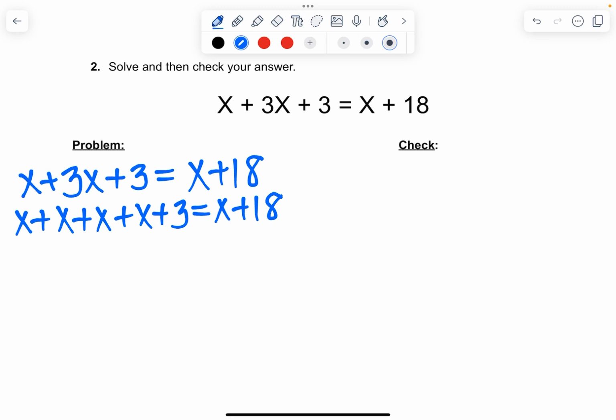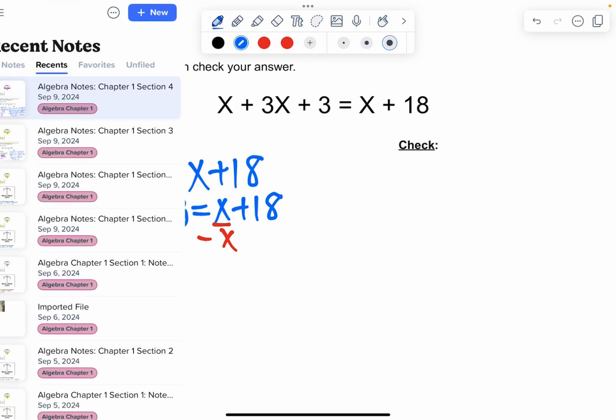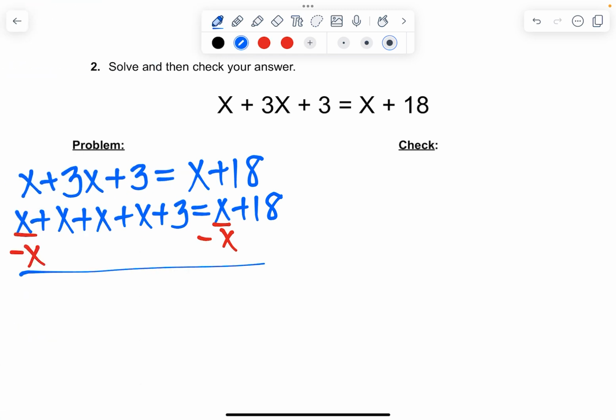All right, and now you got to think, how many x's can I take away? Well, I've got one x here. I don't have any more, so I'm going to take away an x here. So minus an x, minus an x. I've got x plus x plus x plus 3 equals 18.